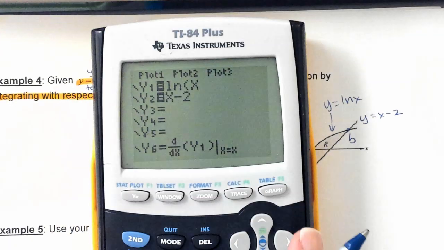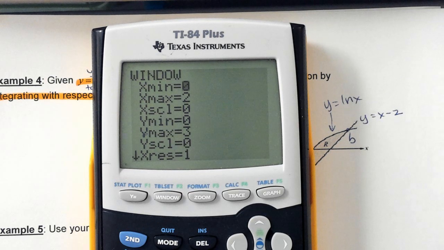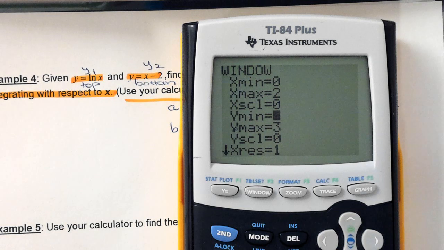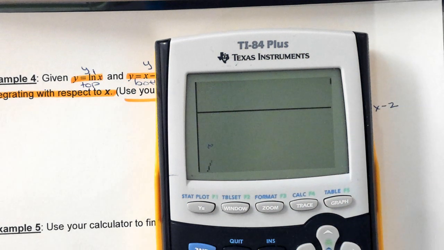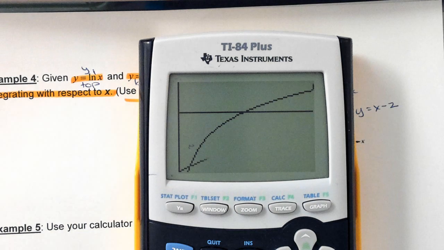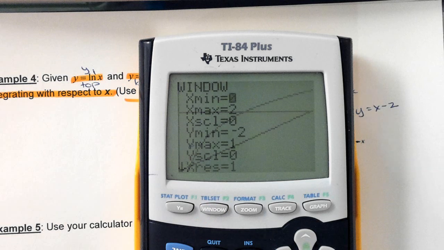These are in here, and I'm going to see what happens. I do need to change my window though because I have some negatives. So let's go here. Our minimum, let's make it, I don't know, -2 to, let's say, 1. And let's see what happens when I graph. Okay, there's my natural log. I don't think I'm going to get what I need though. Nope. I need to extend this here, so that means I need to extend my x.